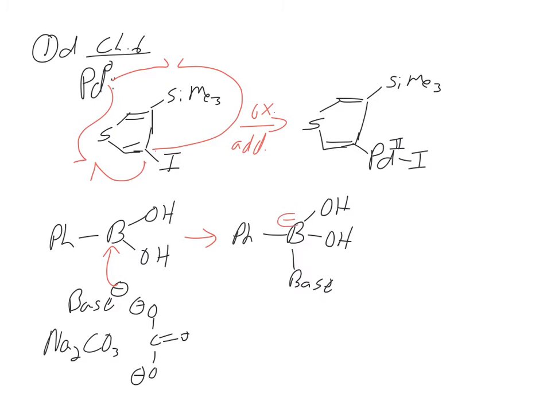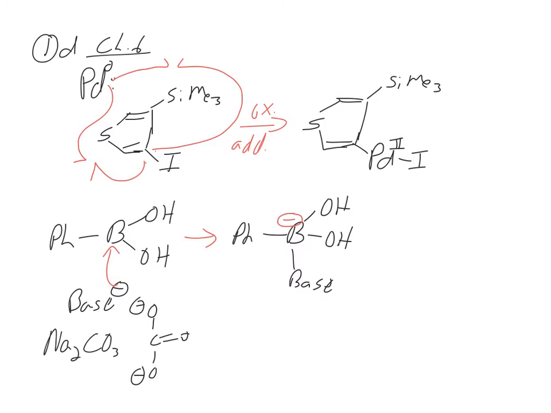So now boron has a negative charge, but wait a second. Is boron really what's electron rich? Who's electron rich? Everybody else, right? In particular, since we're in the business of making carbon-carbon bonds, we're more concerned about the carbon piece than the oxygens of the base. So once this is activated, now this is more willing to do what with the palladium? Treat boron like a metal.